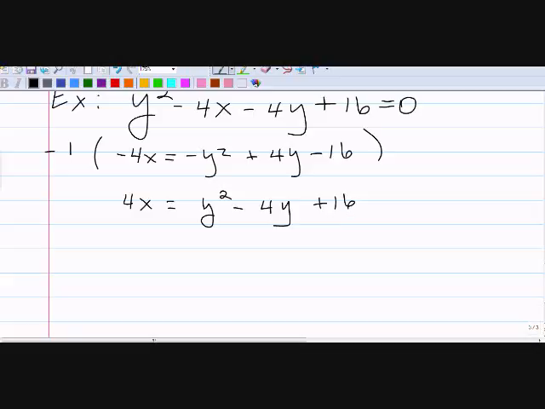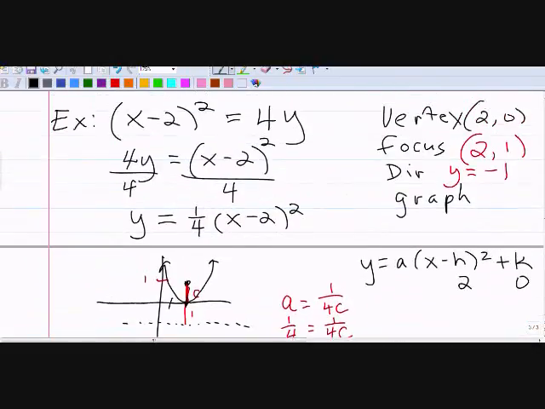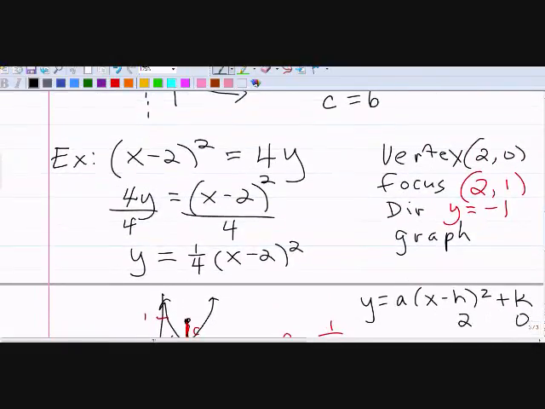Okay. Don't divide by the 4 yet. I need this equation to look like the previous problem that had the x minus 2 squared. I need to get rid of that y term by making a perfect square.